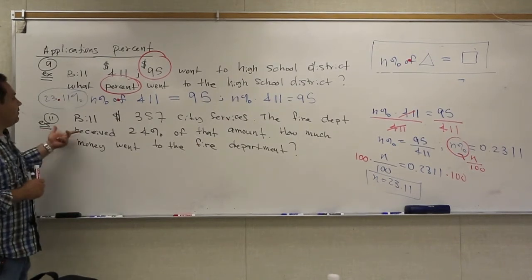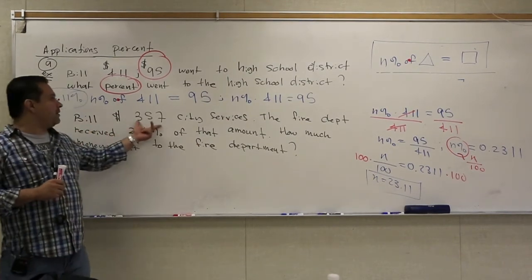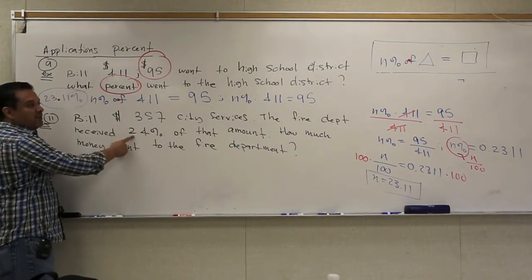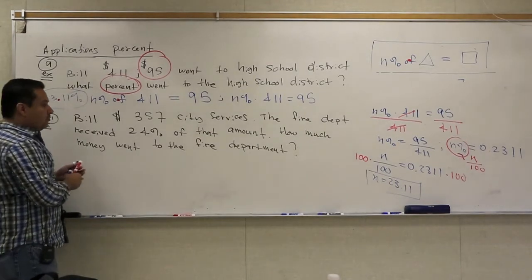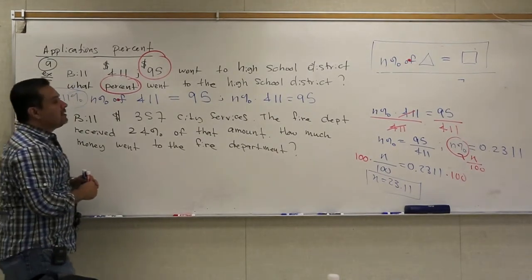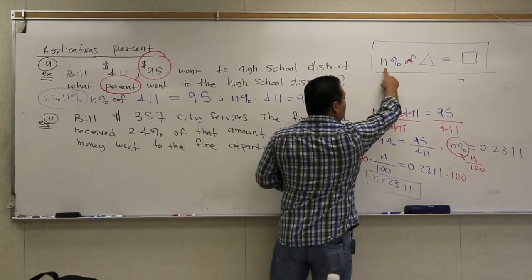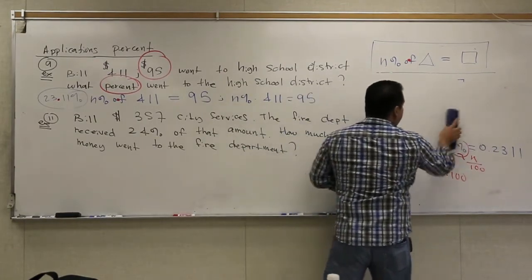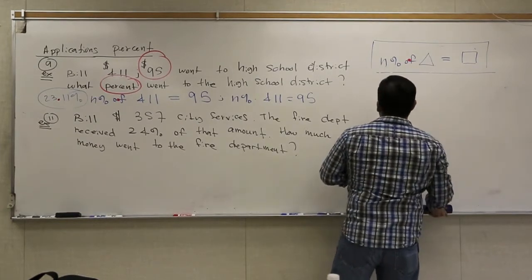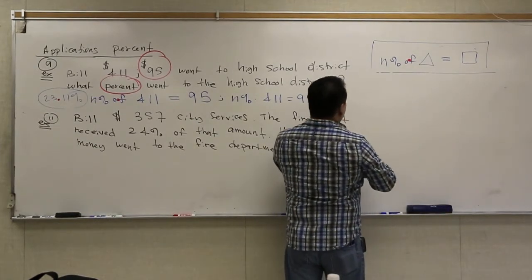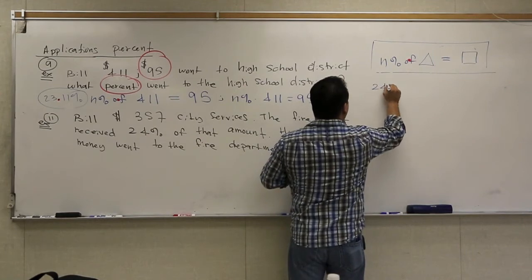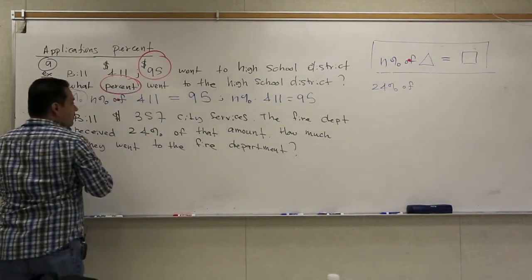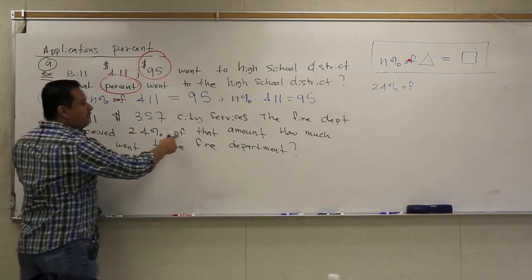Like look at number 11. Bill, they have a bill for what? $357 to city services. The claim is the fire department received 24% of that amount. So notice what they're saying. This is exactly like this question here. The fire department receives 24% of what money? 24% of that amount.